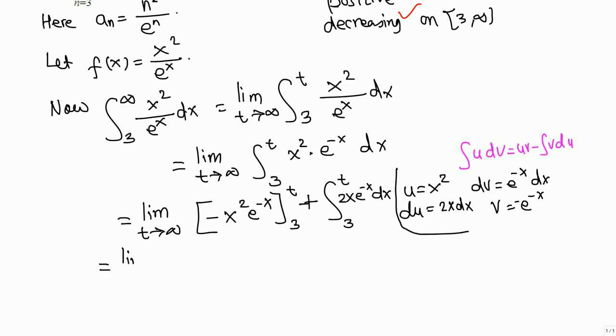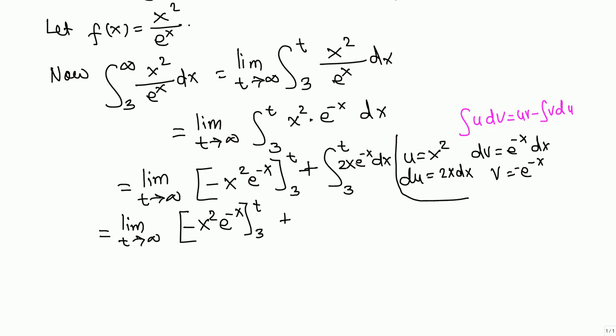That is the limit as t goes to infinity. We can evaluate this now, or do that later: negative x squared e to the negative x from 3 through t, plus this 2 can be pulled outside or we can leave it inside. We got another product, 2x times e to the negative x, so another integration by parts. For this term, u is 2x and dv is e to the negative x dx.